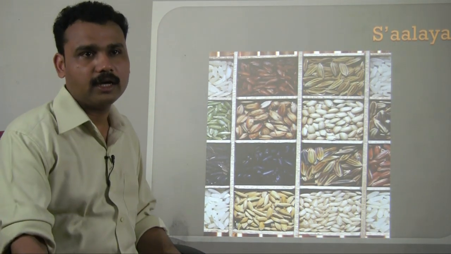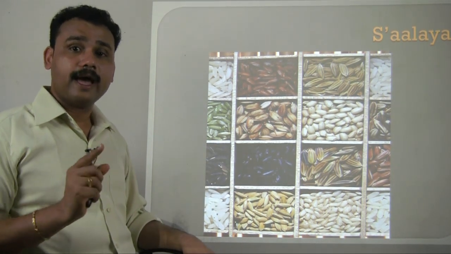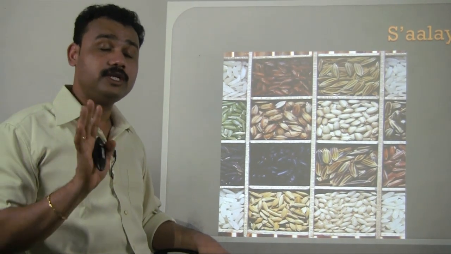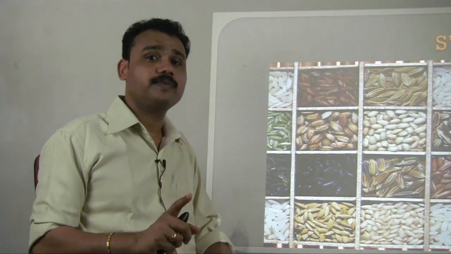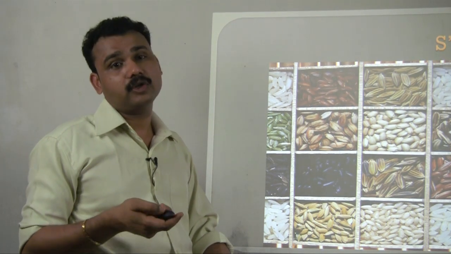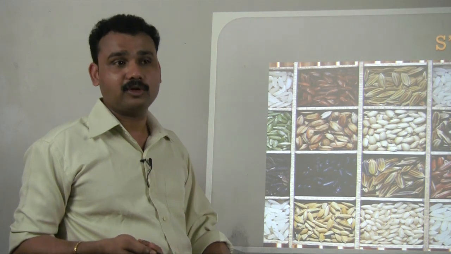So this is shalaya, different kinds of rices. And it is also important to note that there are rice species which are also bad, which the text explains, which you can go through. Because of the shortage of time, I'm not intending to spend the whole time speaking about rice.